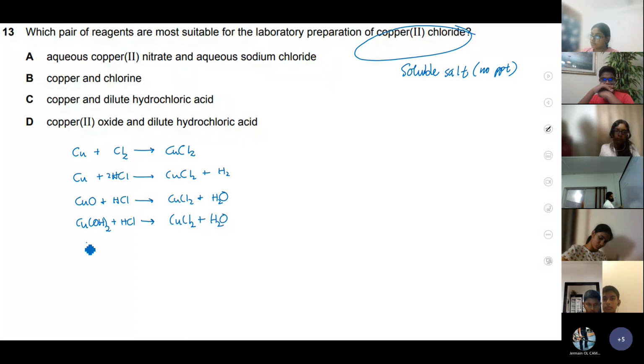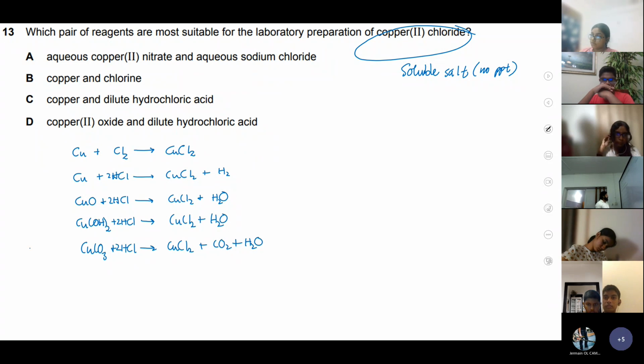It can be copper carbonate and HCl, fine, because you can make the salt, carbon dioxide and water. You decide these 5 reactions. Then cancel the first one.